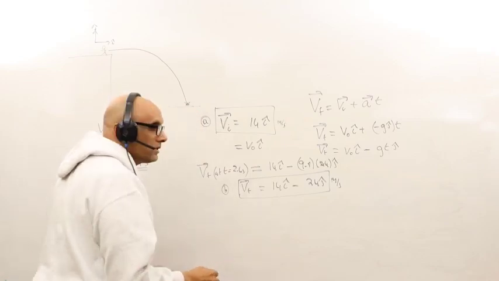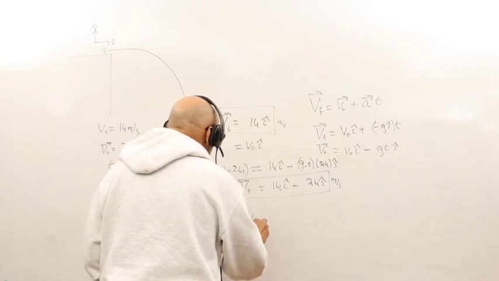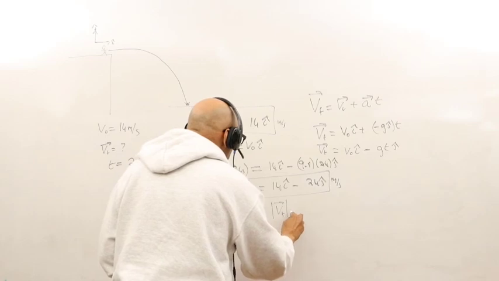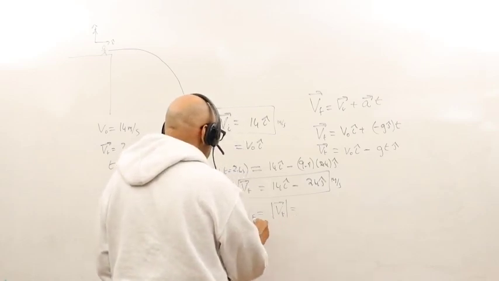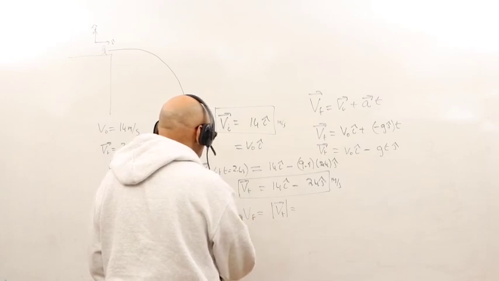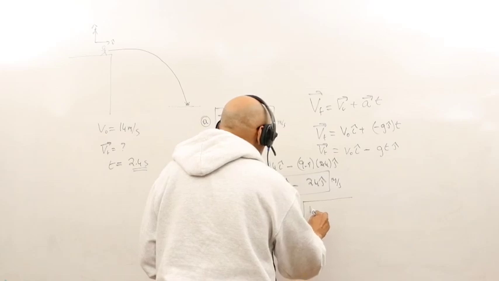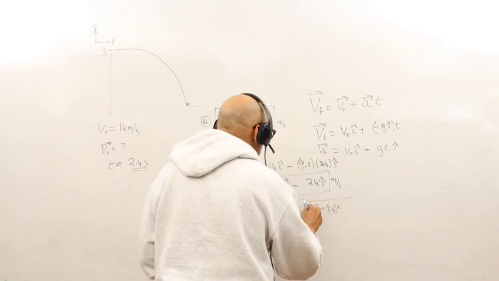Okay, so what is the speed of the stone? Vf is going to be the speed, and that's equal to the magnitude of the velocity vector. So this is called the speed, part C. And that's equal to the square root of 14 squared plus 24 squared.